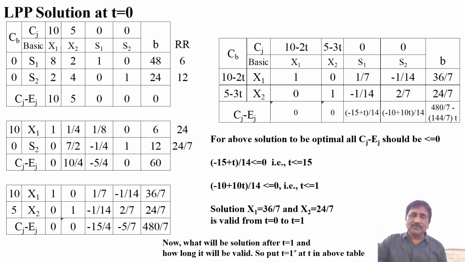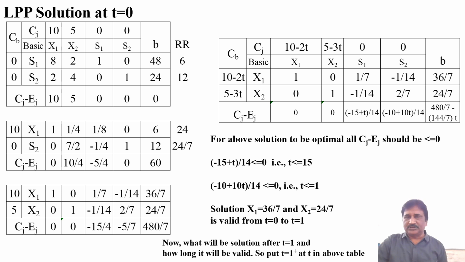Now that I have got the solution, I will restore the coefficients to what is given in the problem. 10 I will replace by 10 minus 2t, and 5 I will replace by 5 minus 3t, because that is the actual coefficient of x2 in the objective function, and 10 minus 2t is the actual coefficient of x1.